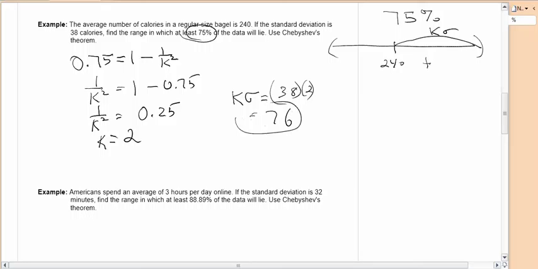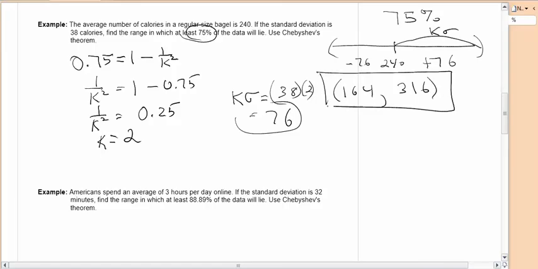So we're going to add 76 to 240, and we're going to subtract 76 from 240. Okay, when you subtract, you get 164. When you add, you get 316. So here's the interval that contains 75% of my data.